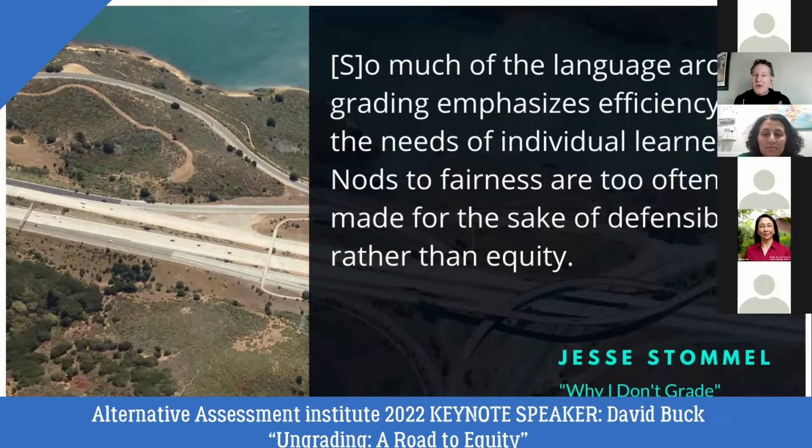And then we go back to that word, defensibility, and fairness. What about fairness, being fair? Well, according to Rick Wormeli, an author in assessment, he says fair is not equal. Fair is not equal. And so we defend equality and objectivity in the way that we grade, rather than focus on the equity, that every individual learner gets what they need in our course. But yet we shroud objectivity in a theater-like environment.